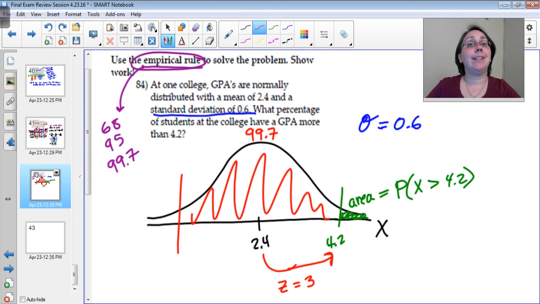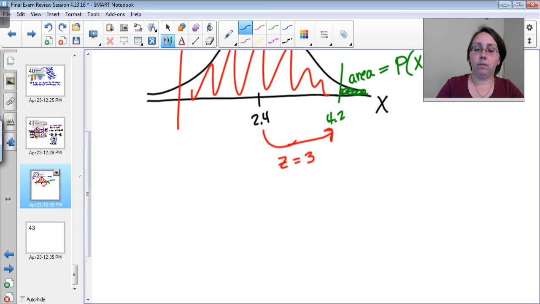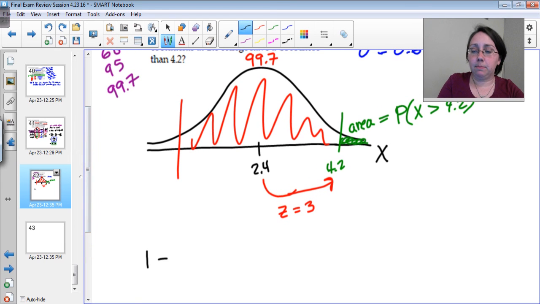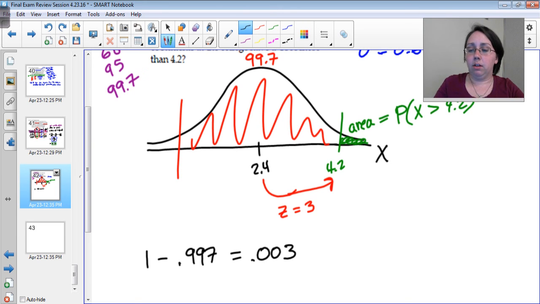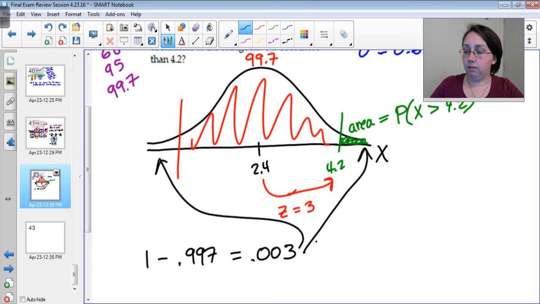You want the right tail. So if there's 99.7 in the middle, how much is on the outside? 0.3. 1 minus 0.997 leaves you with 0.003, or 0.3%. That is both tails together. Very good.